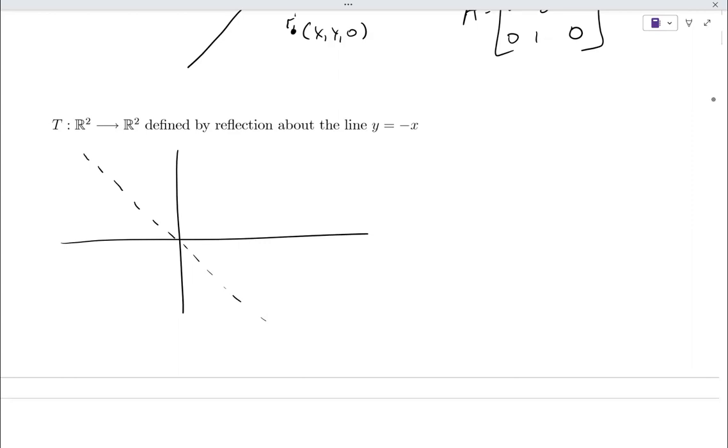We want to reflect around the line y equals negative x and figure out what the matrix would be. So if we have the point x, y, and I want to reflect around the line y equals negative x, where would you end up?